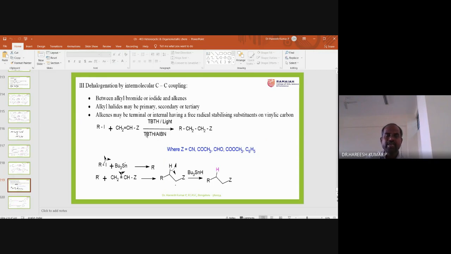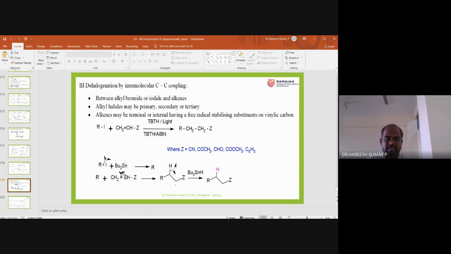Tributyl tin hydride in presence of light or in presence of AIBN forms a radical. This radical reacts with alkyl halide, which leads to the formation of alkyl radical. This alkyl radical reacts with the reactant.